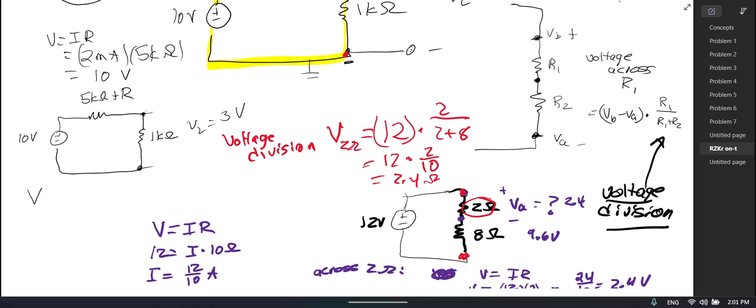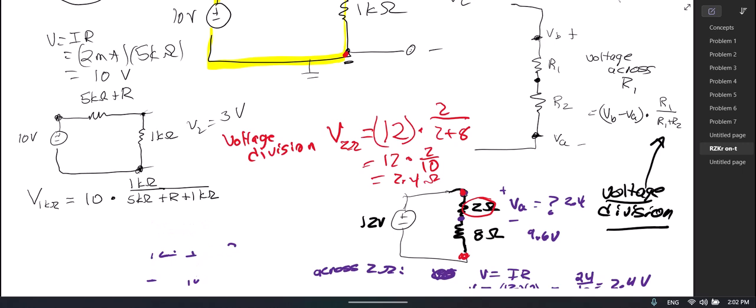Using voltage division, the voltage across the 1 kilo ohm resistor is going to be the voltage across both resistors, which has to be 10, times 1 kilo ohm over the sum of both resistors, so 5 kilo ohms plus R plus 1 kilo ohm. So that is what I'm looking for.